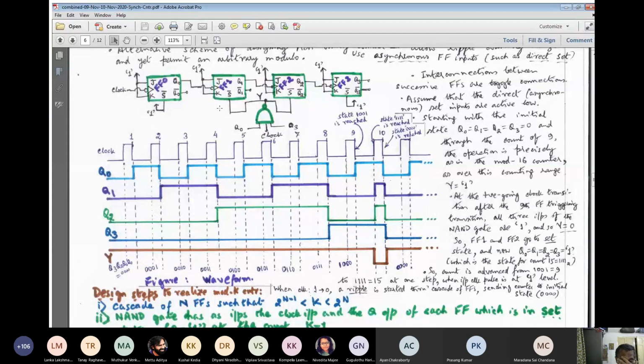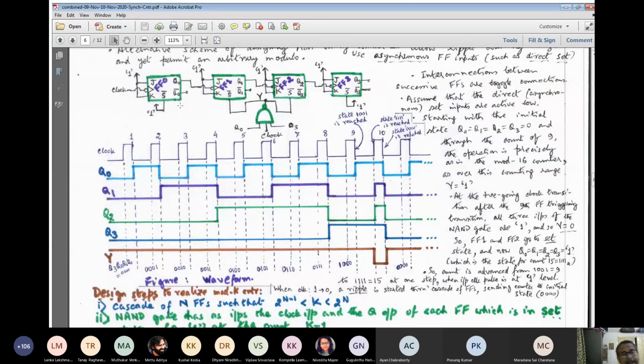The influence of the S bar, the direct or asynchronous set input, will be nullified prior to the transition in FF0. So only after the set input becomes ineffective will FF0 have a transition from 1 to 0.